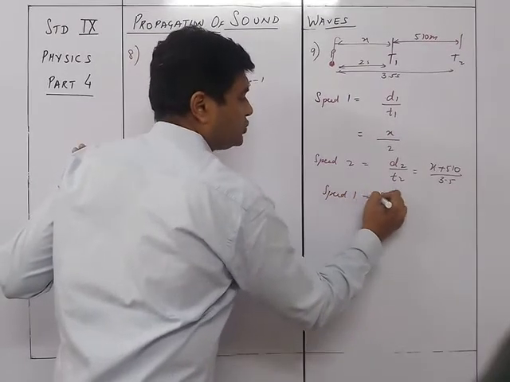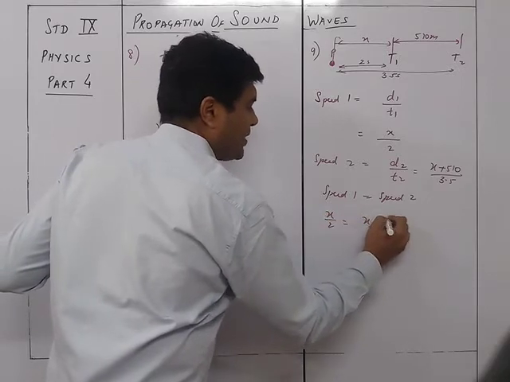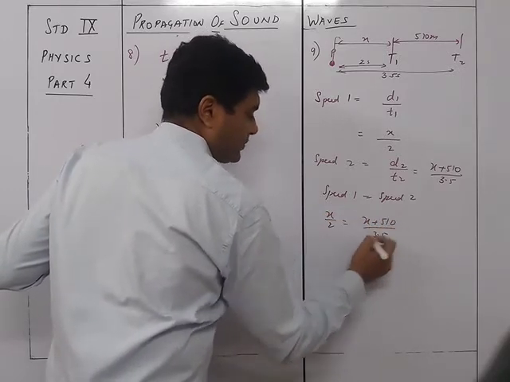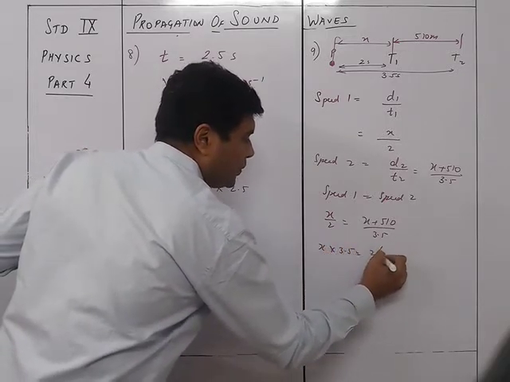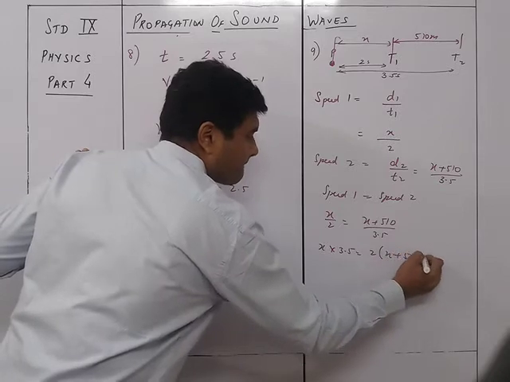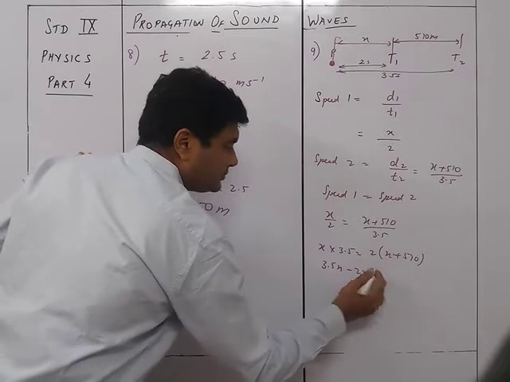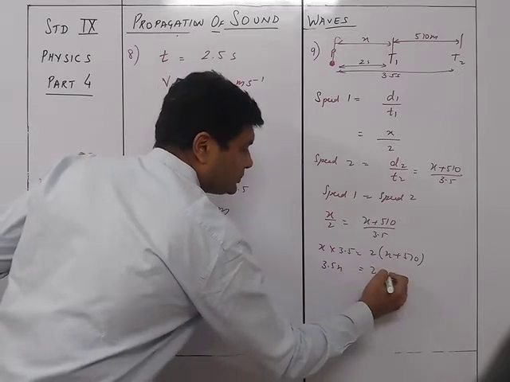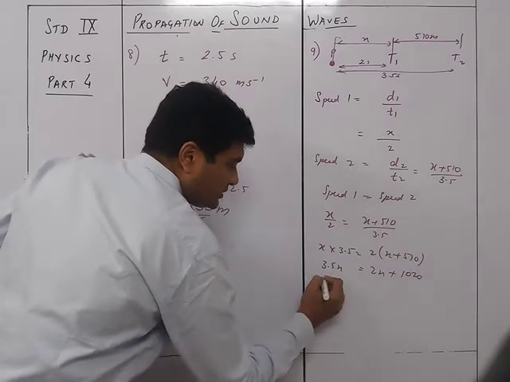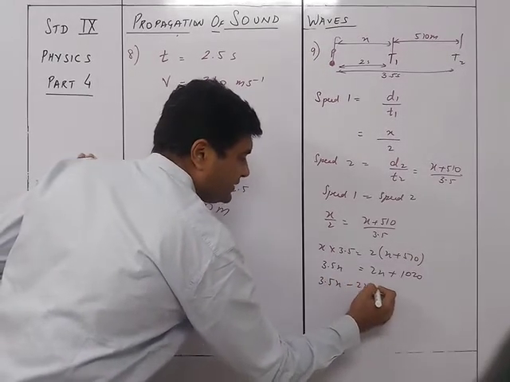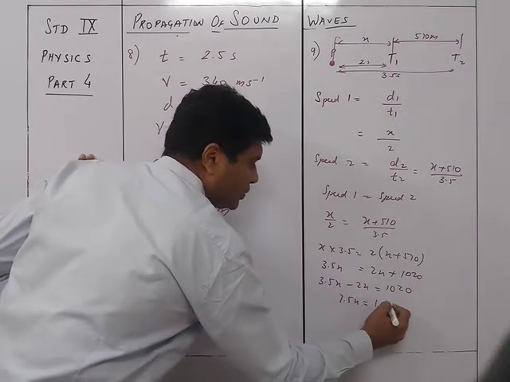Speed 1 is equal to speed 2. Therefore, x upon 2 is equal to x plus 510 upon 3.5. So this gives x into 3.5 equals 2 into x plus 510. So 3.5x minus 2x equals 1020, so 1.5x equals 1020.